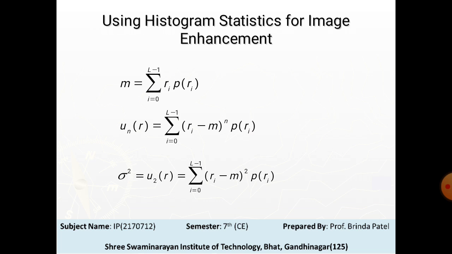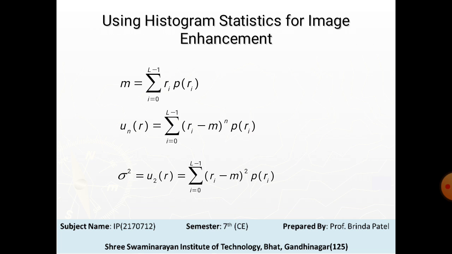Now, use of histogram statistics for image enhancement. Instead of using the image histogram directly for enhancement, we can use some statistical parameters obtainable directly from the histogram. We recognize this expression as the variance of r, which is denoted conveniently by sigma squared of r.